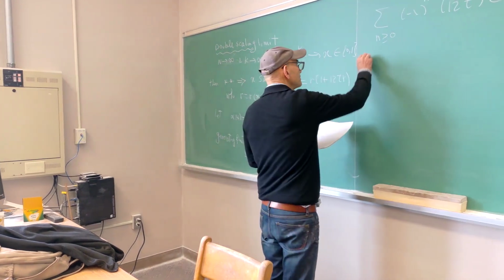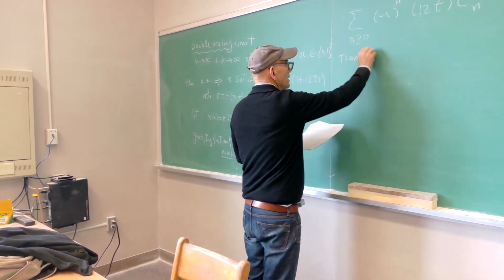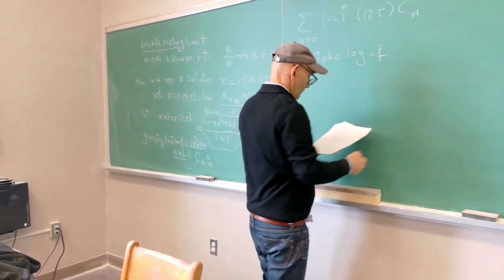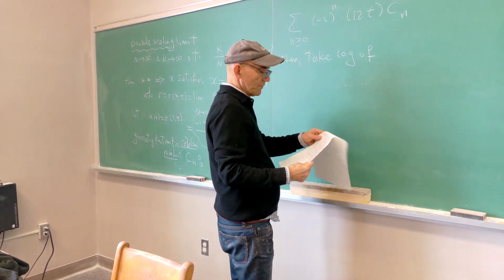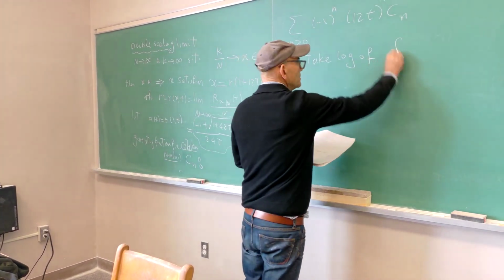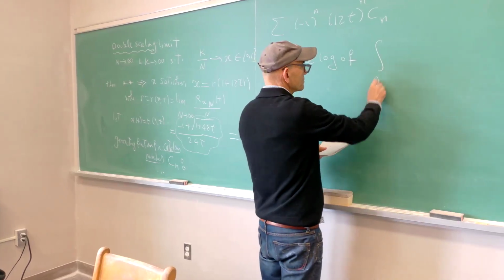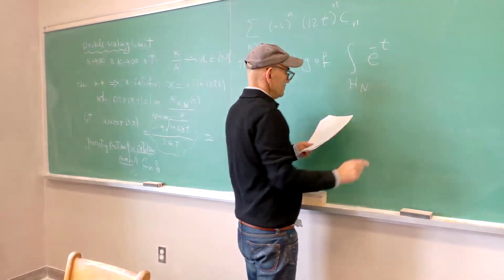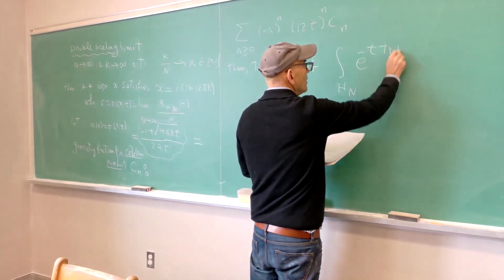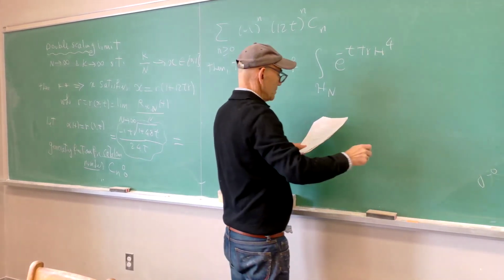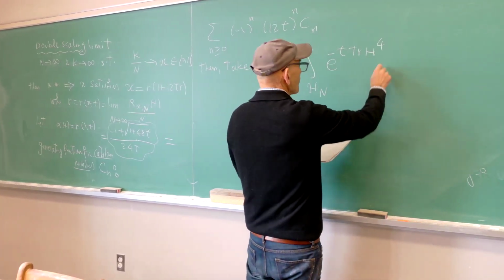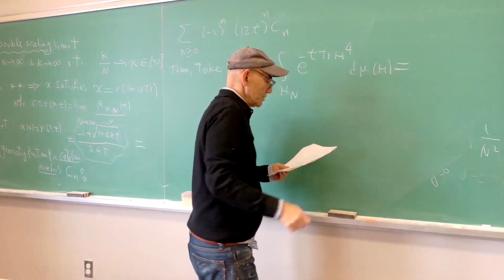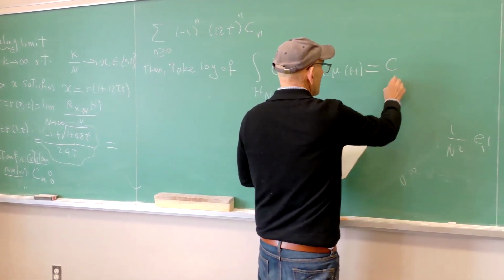So then take log of what we have: the computed integral of Hn, exponential of minus t trace of H4, d mu of H, which we already showed is equal to Cn.